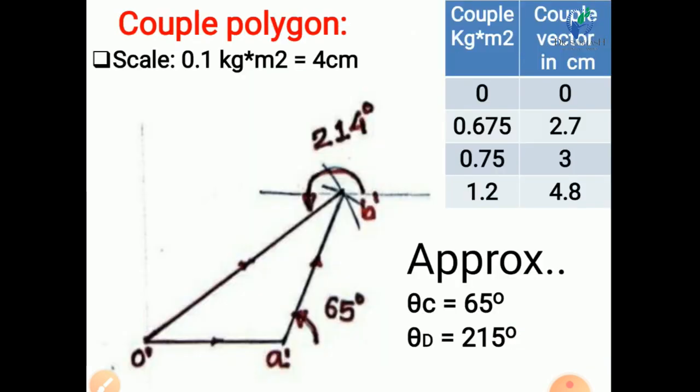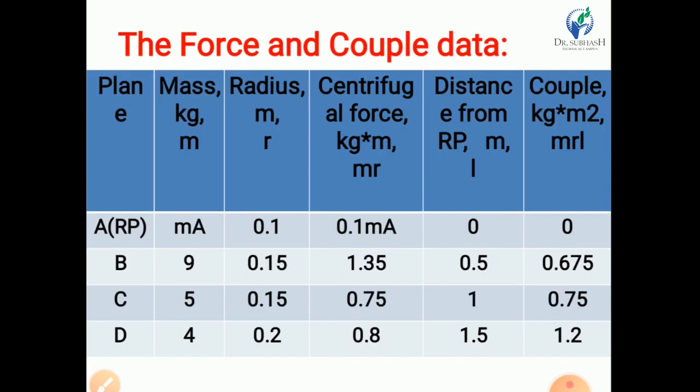Next, now in this table, if we see the column of couple and the column of centrifugal force, then we know that in the force column there is one unknown, it is ma.